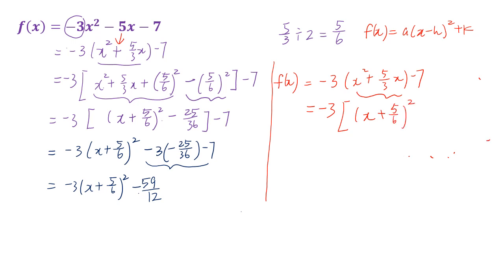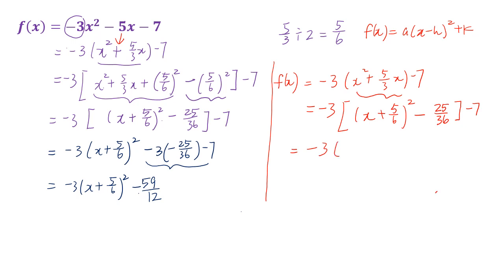Then we square it. Then we must take away the square of 5 over 6, which is 25 over 36. Then minus 7. Okay, then we continue.